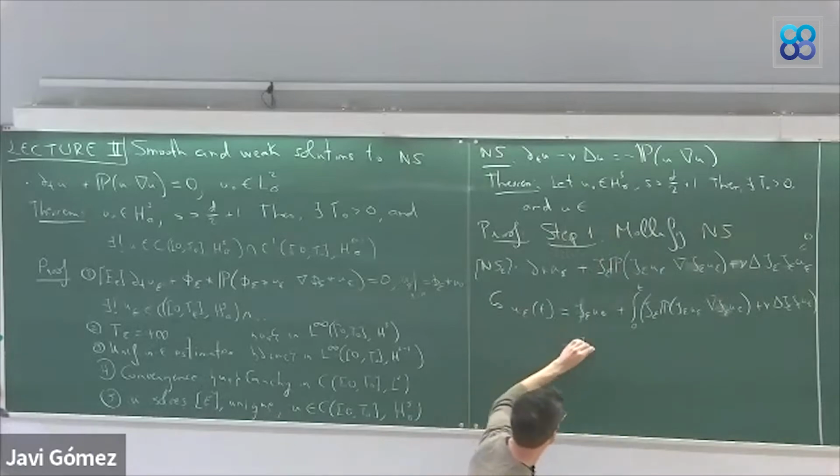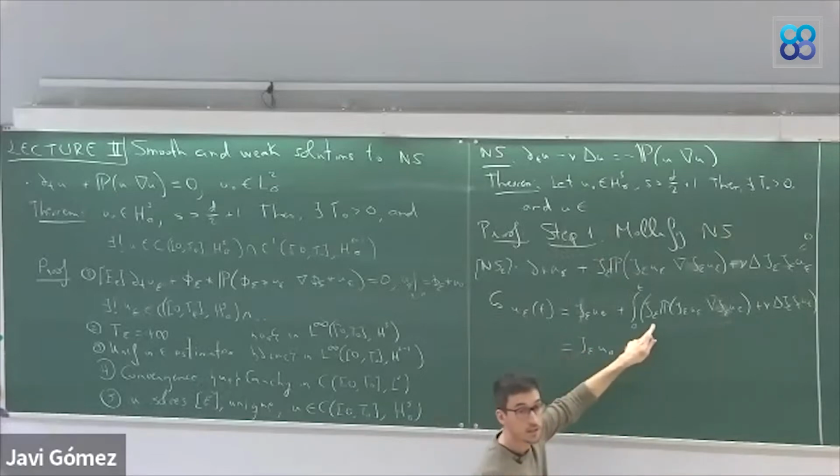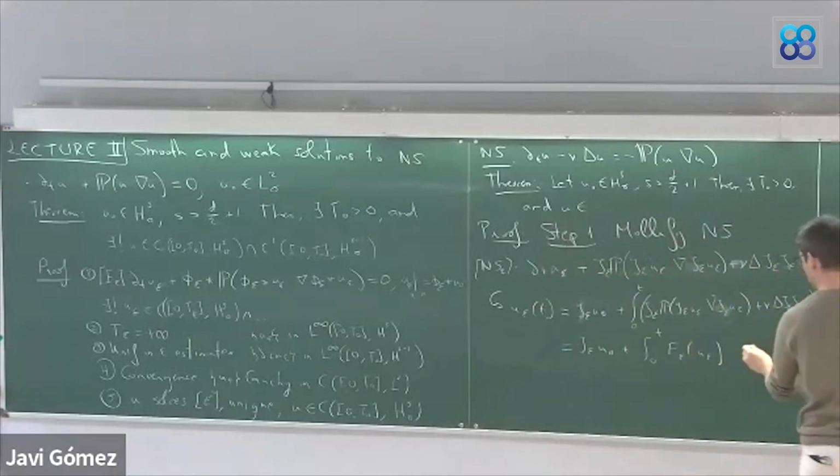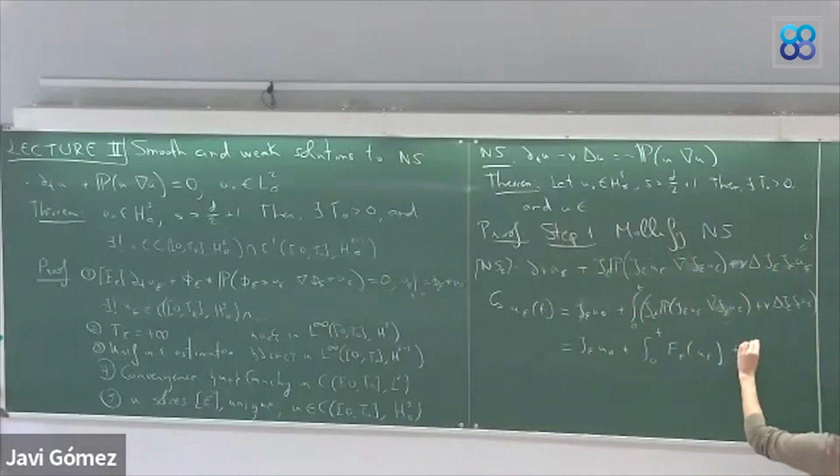Now, because I want to use some of the estimates from the other day, this part here we call capital F, as the other day. And this second term, I will just keep it like this.